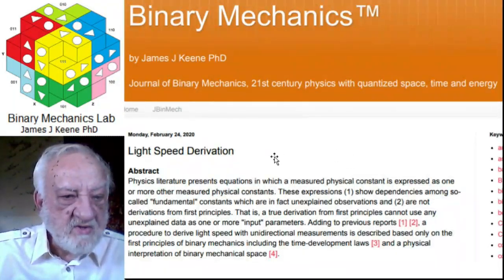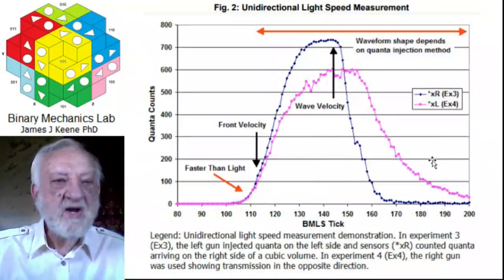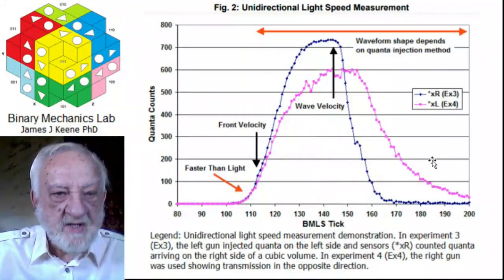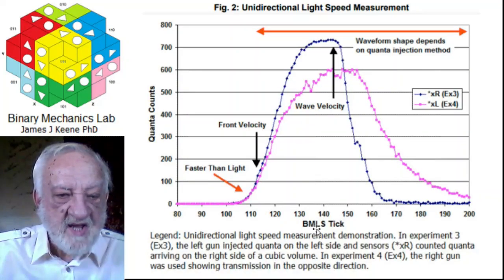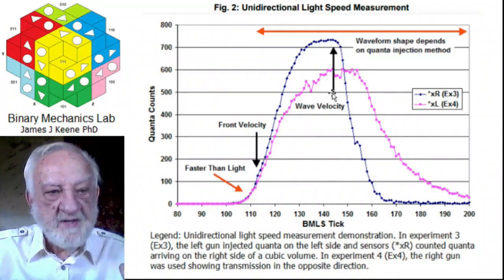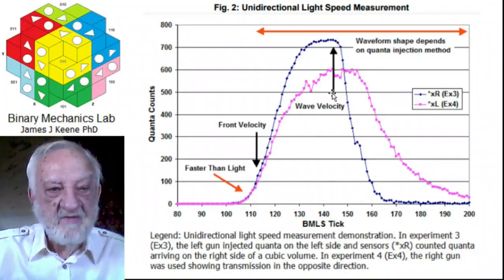Light speed derivation. We can fire one state quanta into a simulation using the binary mechanics lab simulator and measure the speed of light by noting the arrival time of these quanta to the other side of the simulation.